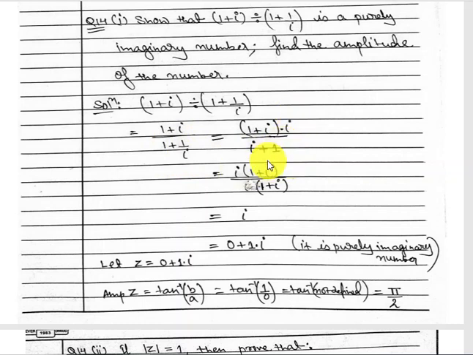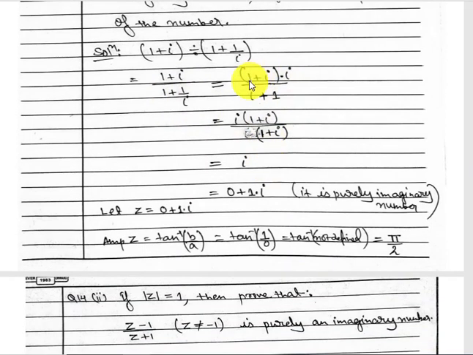In the next step, this 1 plus i and this i plus 1 will get cancelled and I am left with i. Clearly you see that this is 0 plus 1 into i. Here this is purely imaginary because this is in a plus ib form, where a is equal to 0. That's why it's purely imaginary.